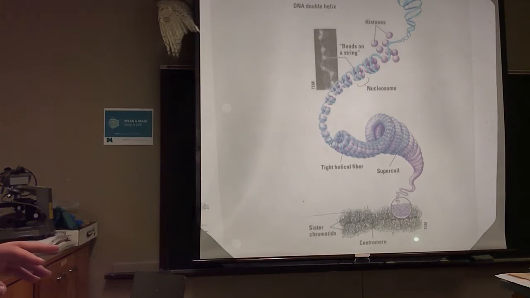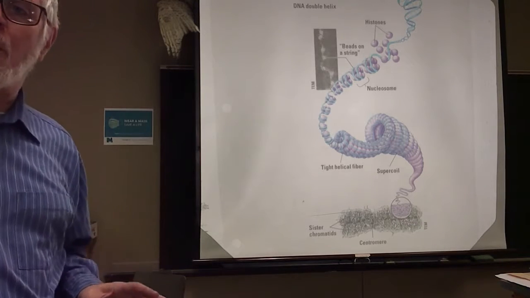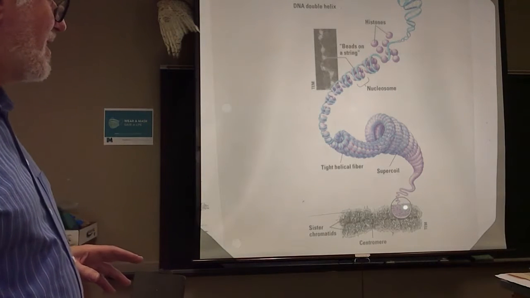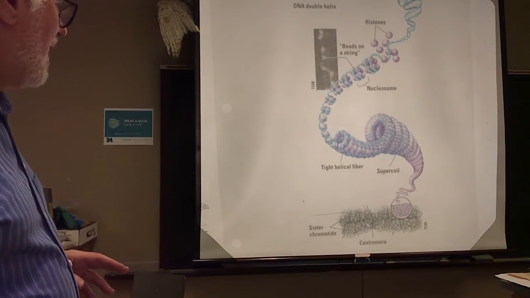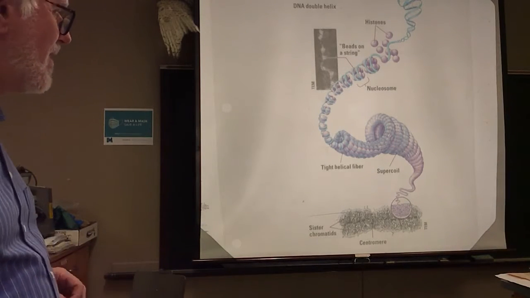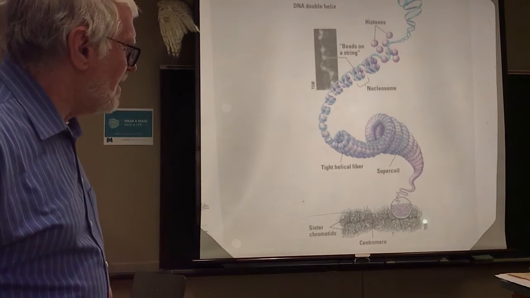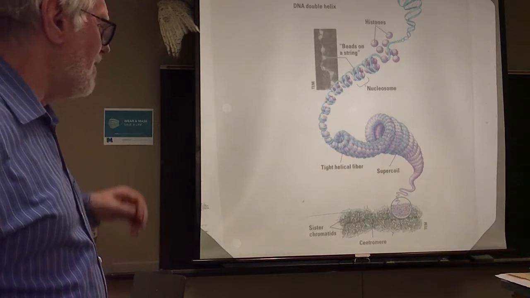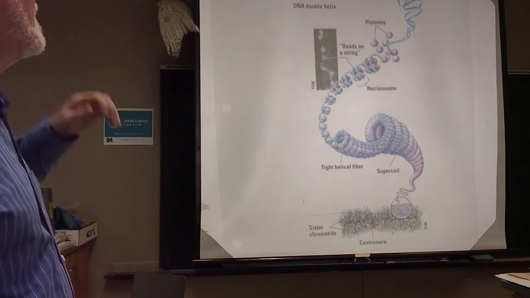In late interphase, and actually in prophase, it would start to pack together into what would be a visible chromosome under a light microscope. And remember, this is a copy connected to a copy, sister chromatids. And this says that this is a transmission electron micrograph of a chromosome.